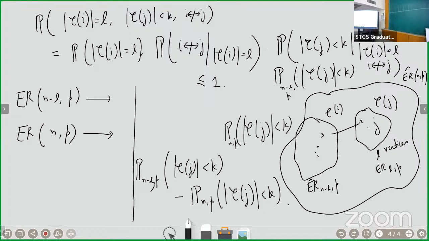See, I can only give you an interpretation. When you want to say P of A minus P of B, what is effectively meant is that A is happening, but B is not happening. Not necessarily, or necessarily? B not happening would be 1 minus.